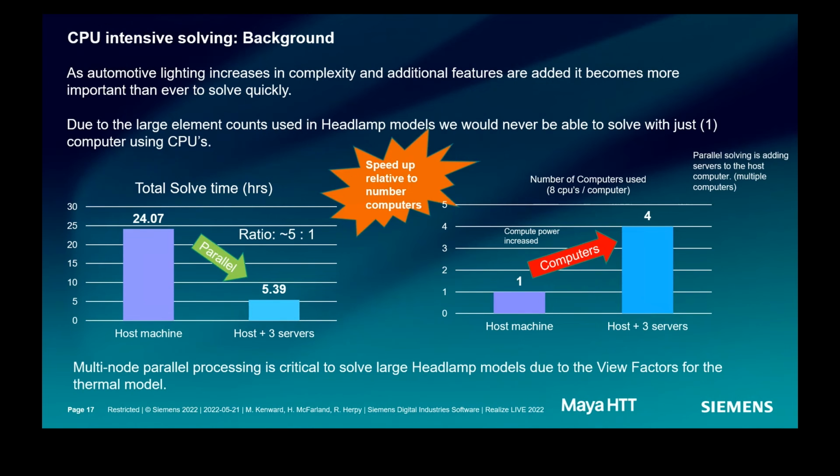So now consider if you're only using a single machine to solve that model. It might take up to 24 hours, for one of the small models, to solve just one of those test conditions. But through that parallel processing to the servers, we were able to reduce that down to a reasonable amount of time, about 5 hours, or almost 5 times faster.